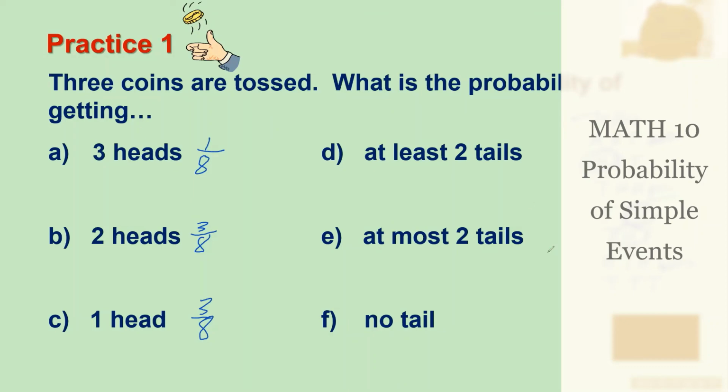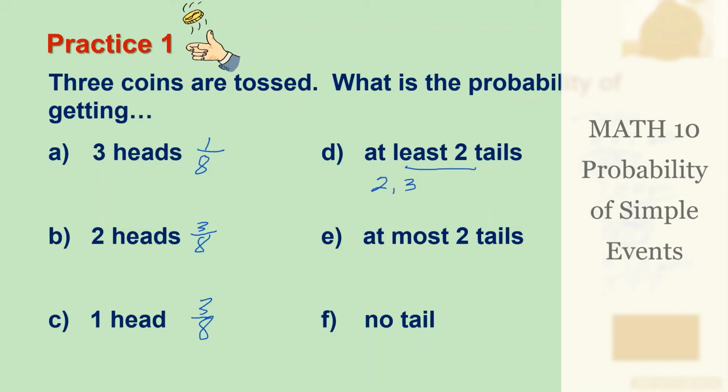Now, at least 2. So, you can have 2, hanggang 3 lang naman. So, alin yung may 2, alin yung may 3 na tails. So, tails ang titingnan natin. So, ito, 1, 2, 3, 4.